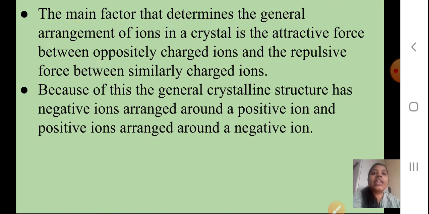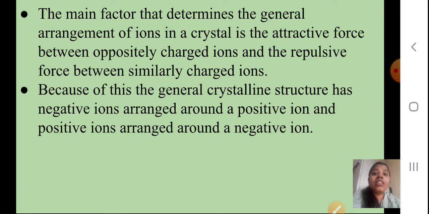The main factor that determines the general arrangement of ions in a crystal is the attractive force between oppositely charged ions and the repulsive force between similarly charged ions. Since there are similar charges also, there will be a repulsive force too.